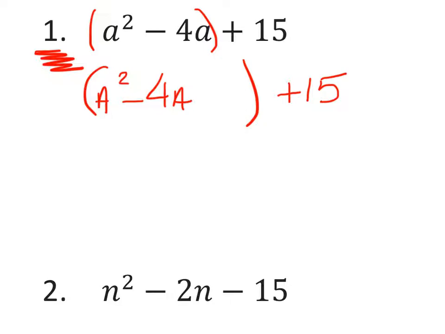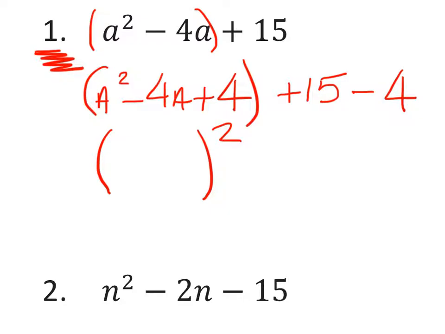What is 4 divided by 2? 2. What is 2 squared? 4. If I add 4 inside the parentheses, then what do I do on the outside? Subtract 4. Now we want to write this as a perfect square.